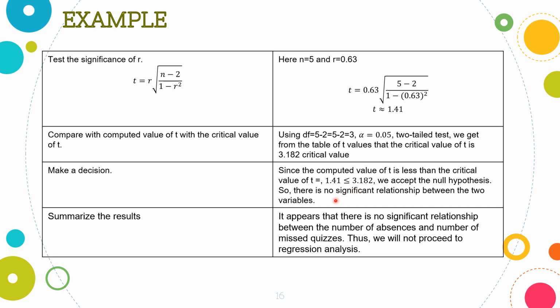We accept the null hypothesis because the computed T is less than or equal to the critical value. Therefore, there is no significant relationship between the two variables. Okay? Walang relationship daw yung number of absences sa number of missed quizzes.